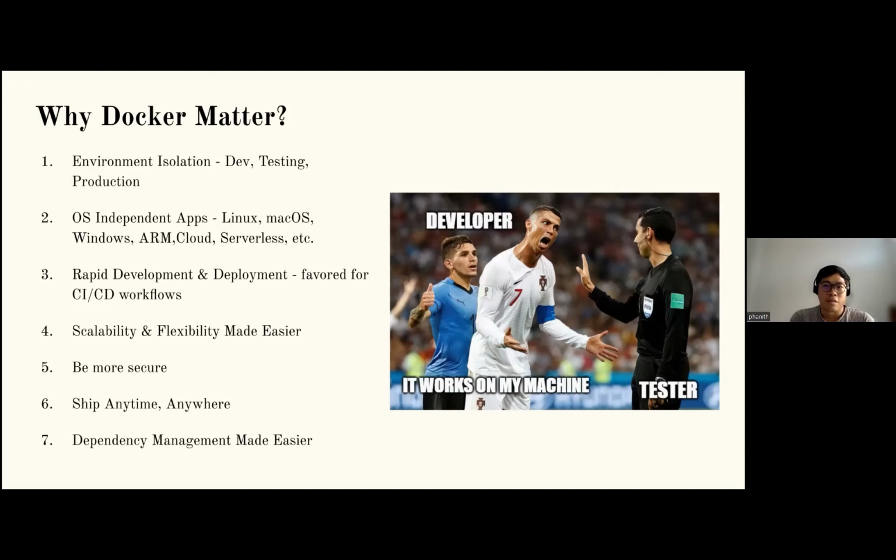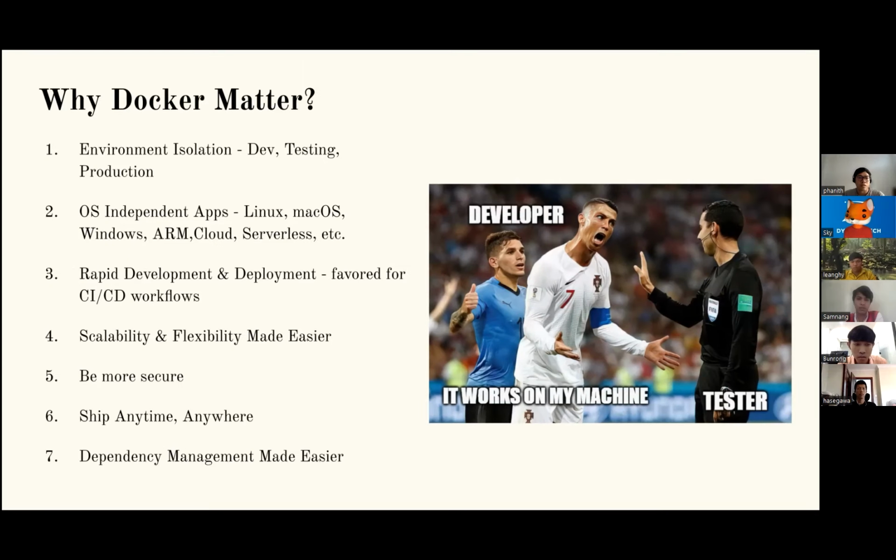We can install Docker on our machine and create different environments for testing, development, and production, in separate environments on the same local machine. The second point is that Docker is platform independent. It supports many platforms: Linux, Mac, Windows, clouds, and even mobile, with ARM architecture.